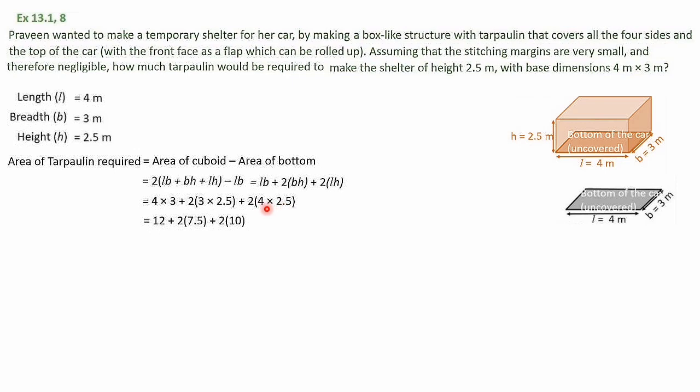So we add these 3: 12 plus 7.5 into 2, that is 15, plus 10 into 2, that is 20. So 12 plus 15 is 27, plus 20 is 47 meter square. That is the area of tarpaulin required: 47 meter square of tarpaulin will be required to make the shelter.